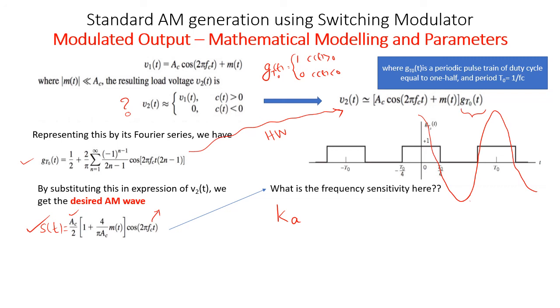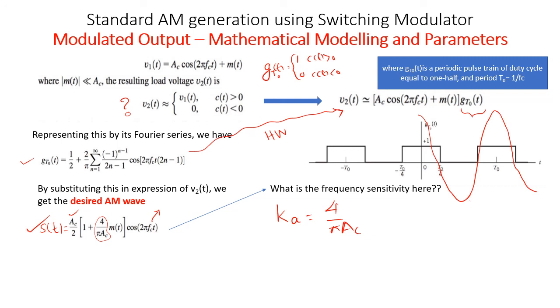Then this is Ka into m of t, so this Ka should be 4 by pi Ac. You can see it is inversely proportional to Ac. For us to generate an AM signal which can easily be detected using an envelope detector, we have a condition: the modulus of Ka into m of t should always be less than 1.